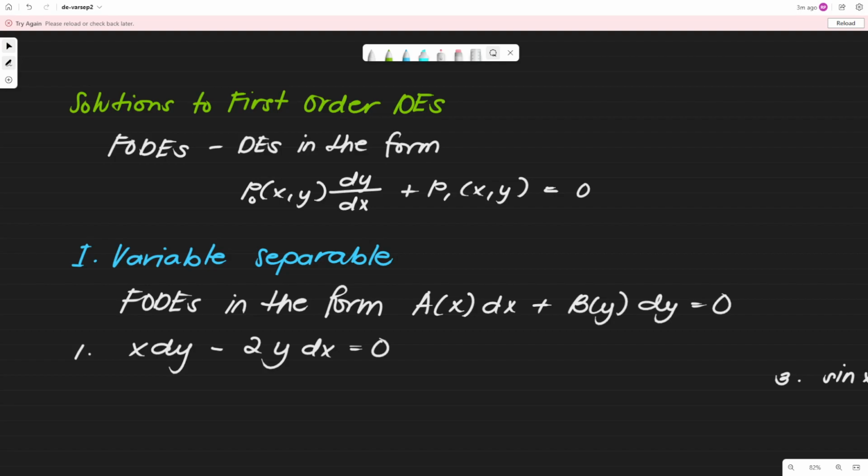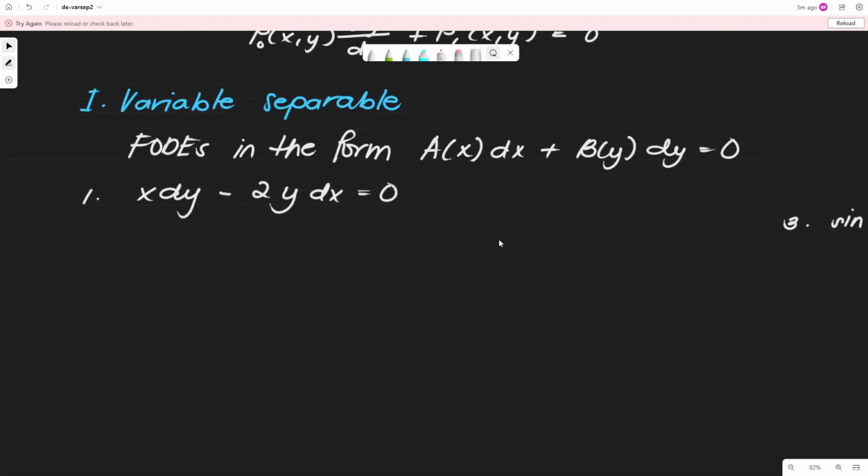differential equation. And actually, we've been doing variable separable since the last topic, yung sa solutions to DE. So kaya medyo madali na lang to. We're just going to segregate, then integrate. Okay, so let's try this problem.